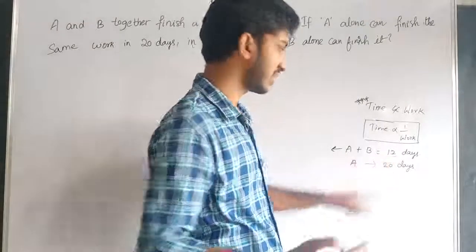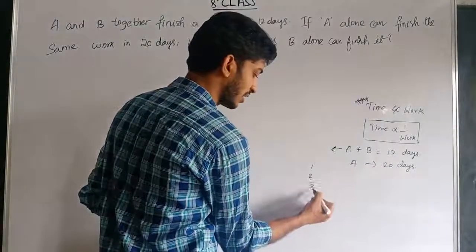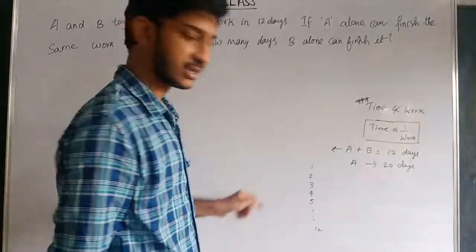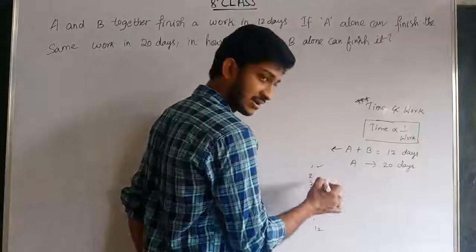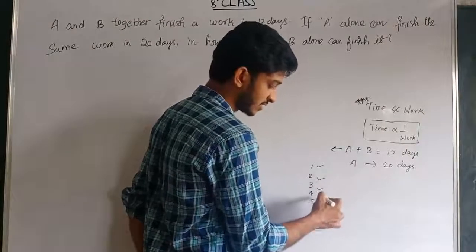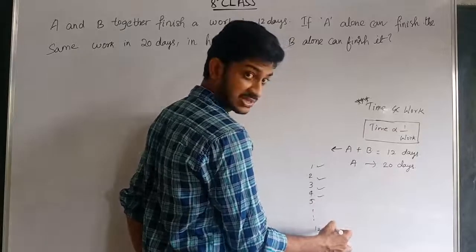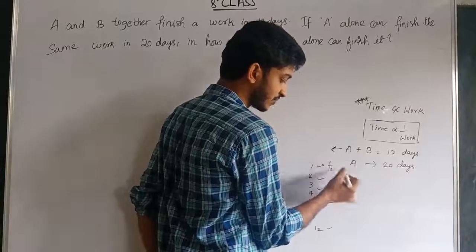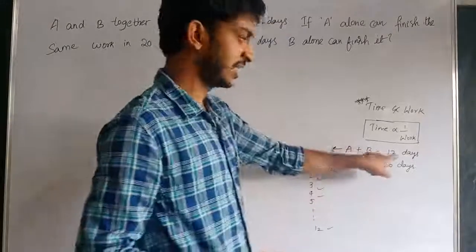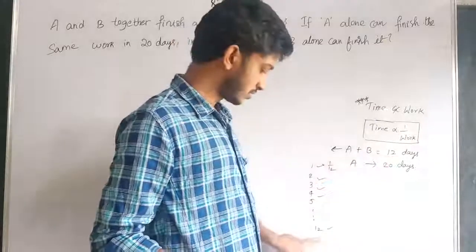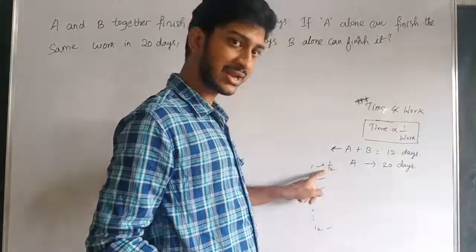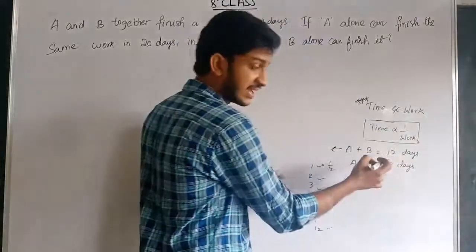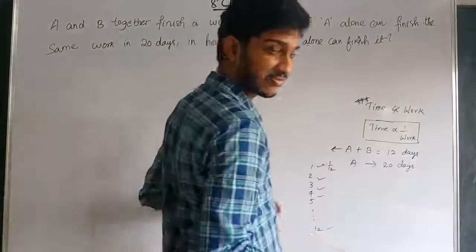On the first day they did some work, the second day the same work, the third day the same work, like that for 12 days. So on the first day they complete 1/12th part. In each day they complete 1/12th of the total work. So here we have to take the inverse of the given time.